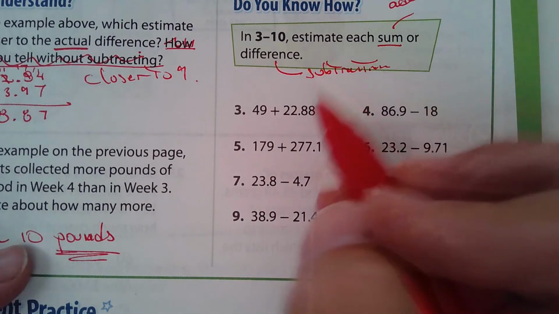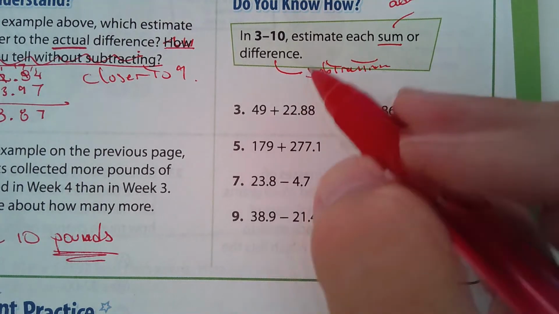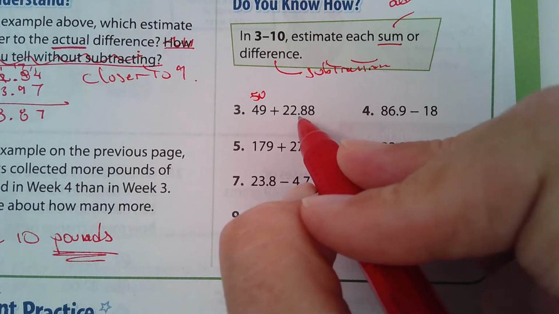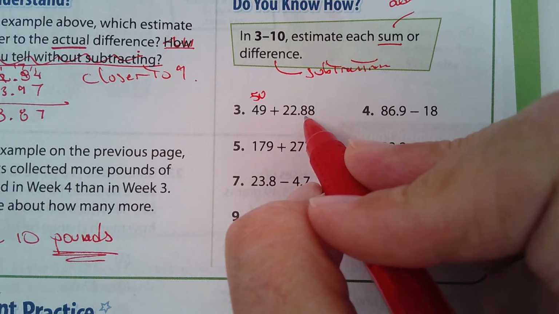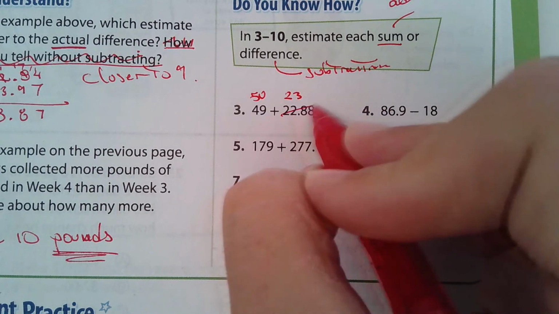So here's what I would do. Again, I don't know how close they want us to estimate because they don't tell us. But I think 49, I'm just going to call that 50. 22.88, let's just call it 23. I'm going to scratch those out.